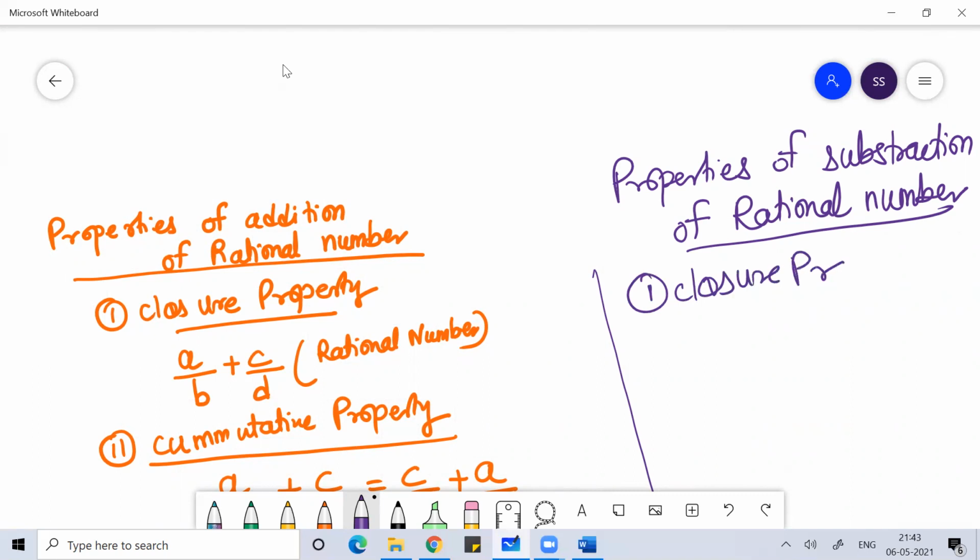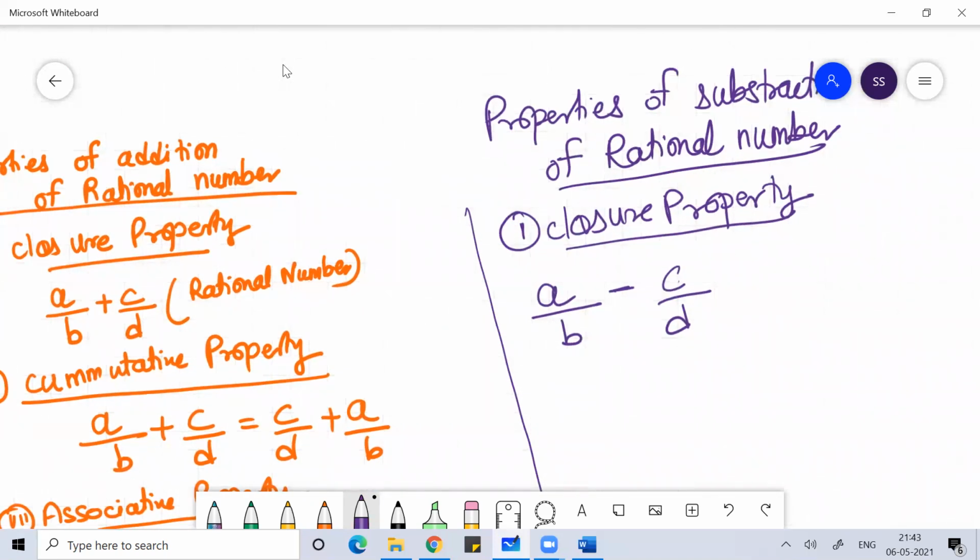Suppose A by B is a rational number and C by D is a rational number. If you subtract A by B minus C by D, what you get is also a rational number. When you subtract, the value you get is also a rational number. This is called the closure property.